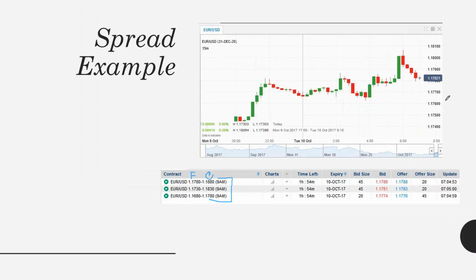Now, if you believe that the euro dollar would go up in value, then you would look at the floor price, okay? And in this case, 1780 is the one that is closest to the current price. So basically you have a floor about right here. Now to enter this spread, you would pay the offer price, which is 1788.